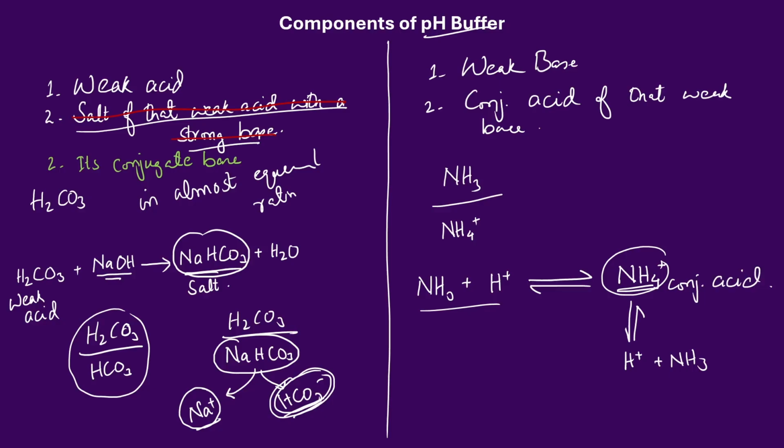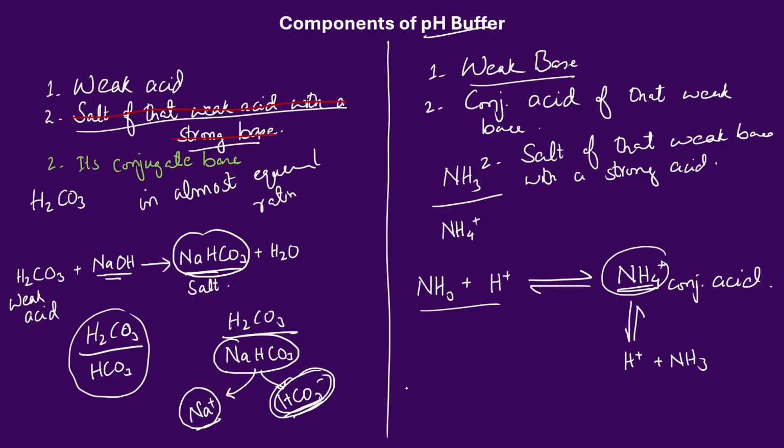And by the way, some chemists also like to make the life of medical students a bit difficult. So they also write it like this, that it consists of a weak base along with the salt of that weak base with a strong acid. Again, it's not complicated to understand.